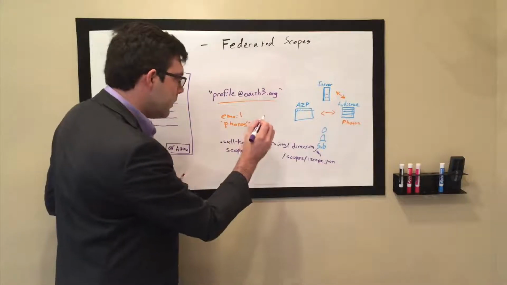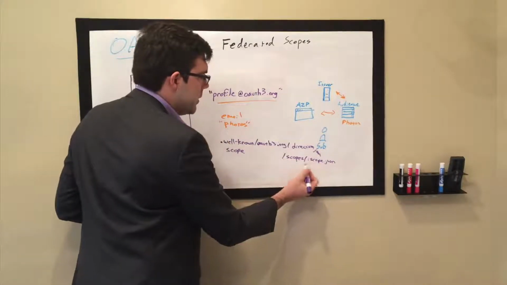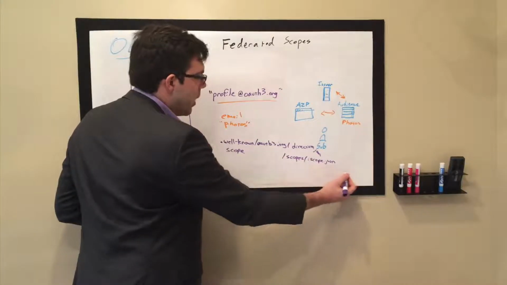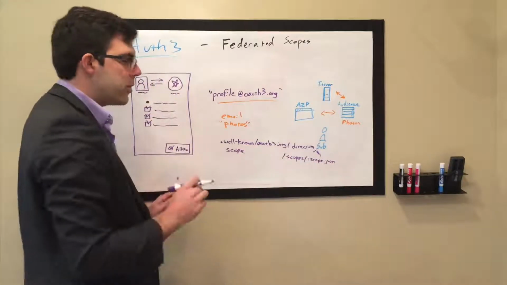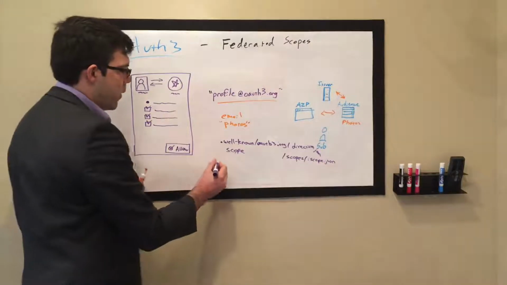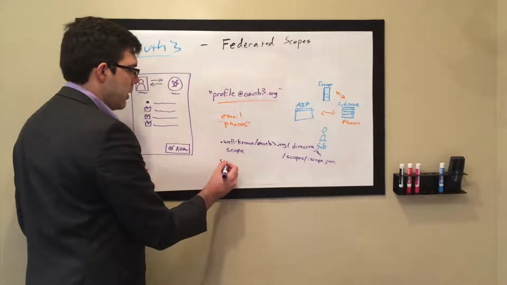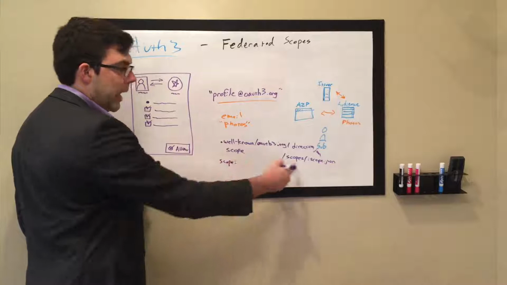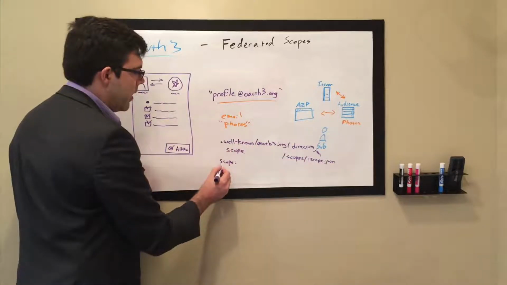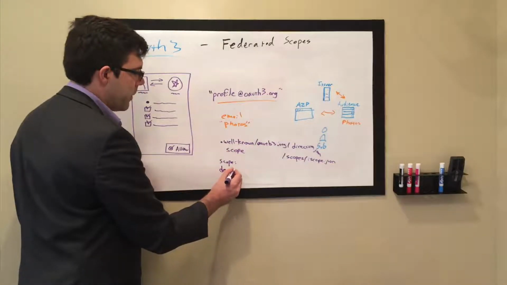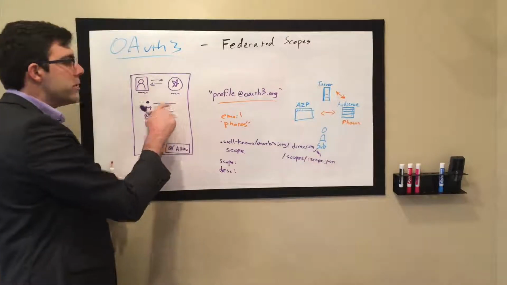That means this is profile@oauth3.org. Now, when it looks up that scope, it finds keys inside for scope, which is, again, the same name of the scope, and then description, which is what the user sees.